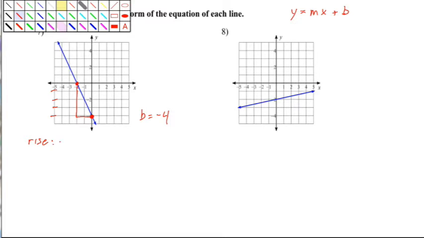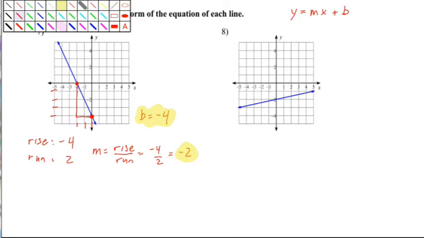And that becomes, because it's downward, this is going to be minus 4. And our run for this particular case is going to be 1, 2. So our m is equal to rise over run is equal to minus 4 over 2, which reduces to minus 2. We have our b value, and now we have our m value.